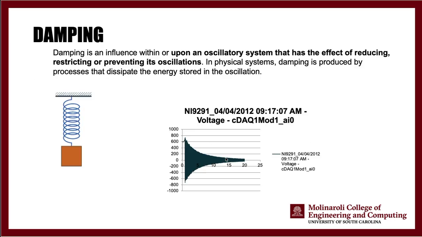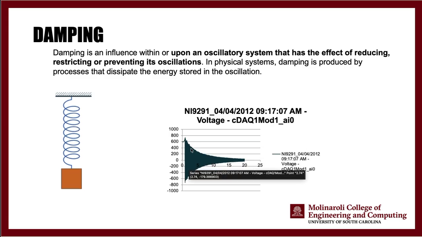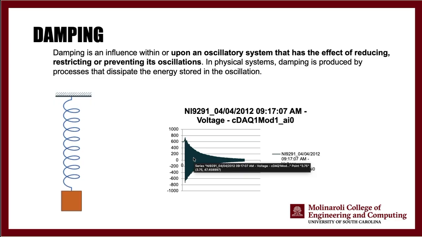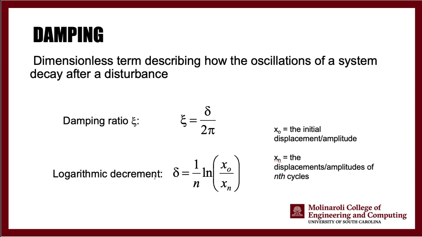So what you need from this is to make sure you follow the LabVIEW guideline that I am going to post. Make sure you have this graph. Take any two locations, find their amplitudes, count the number of cycles in between them, do the calculation. And you have the damping ratio.